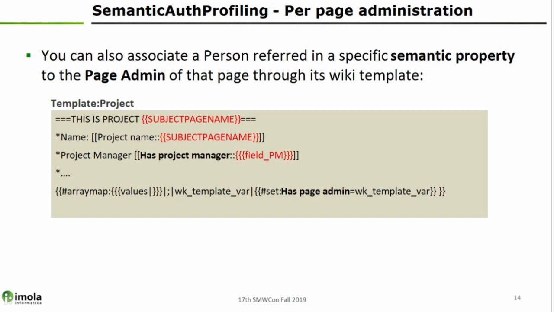We have only to specify, copy all values from the project manager property into the as page admin. So we clone the person in charge of the management of the project as a page admin.